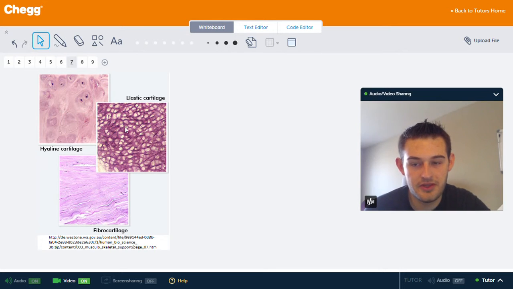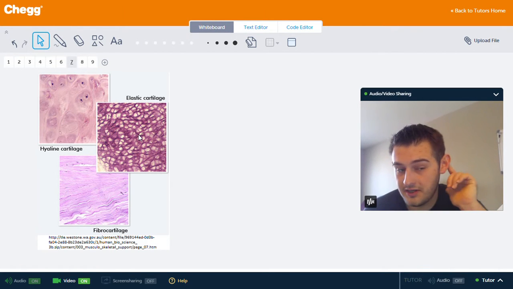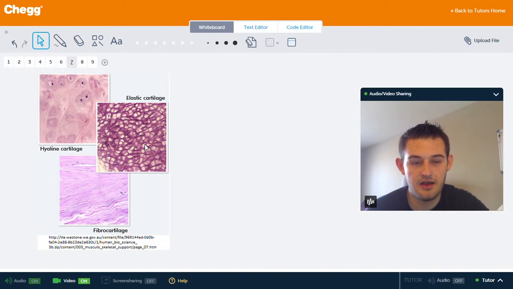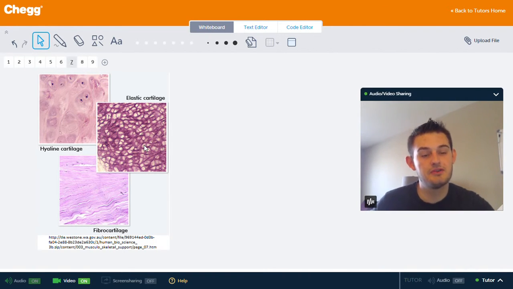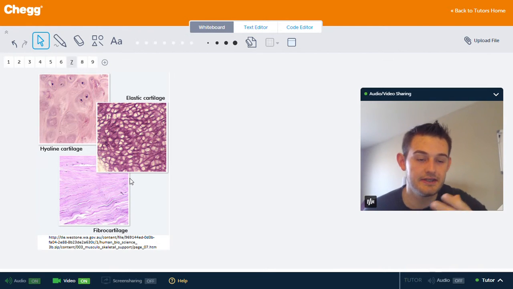So if we talk about where the elastic cartilage is, the chondroblasts are secreting elastin, in this case just like in the aorta, and we're going to see this elastic cartilage in places like your ear, places where it's not like a vessel, so it needs to expand, but we want it to be flexible.